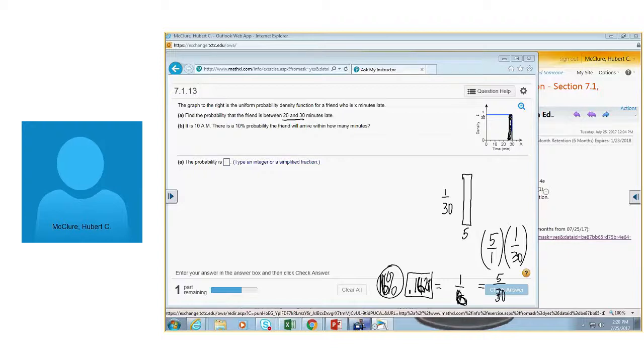It's just percentages. 10% would be 0.10. They give you a 5-minute window. Your total started there, so you get a percentage. Or you just count the hash mark spaces. Since this one's almost even, what would the answer be? 3 minutes.